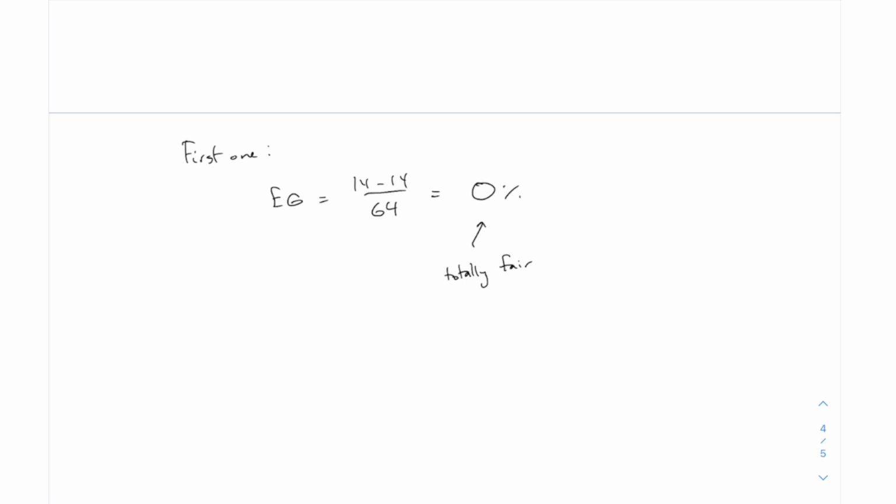That's great. You should have got 0 for the first one. That means nobody's wasting any more than anybody else. And so, in terms of the efficiency gap, the first one is totally fair. If you do the second one, you should not get 0.